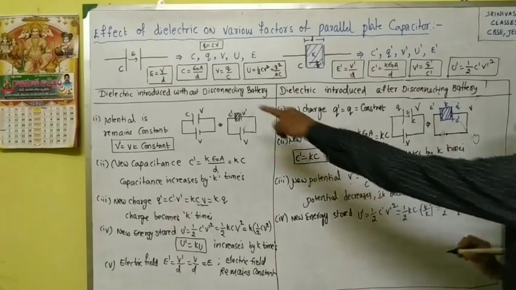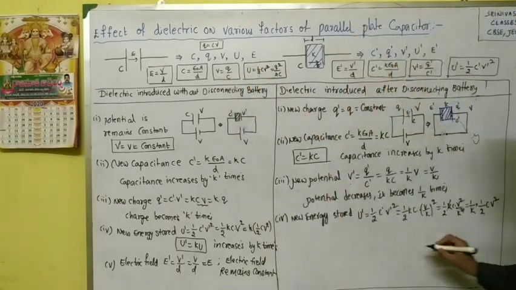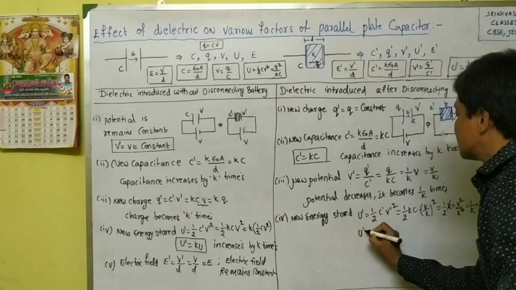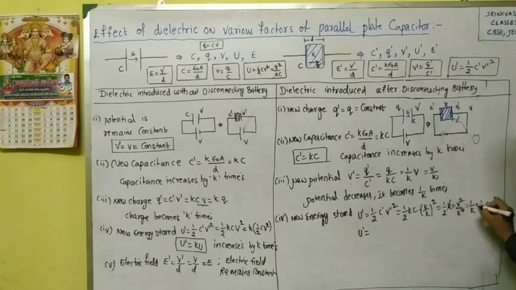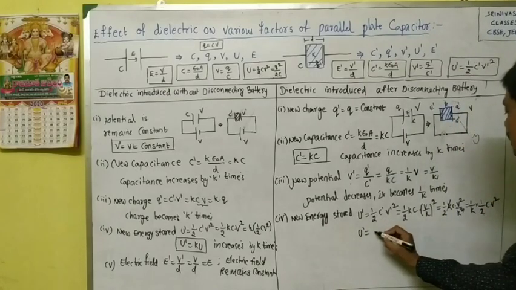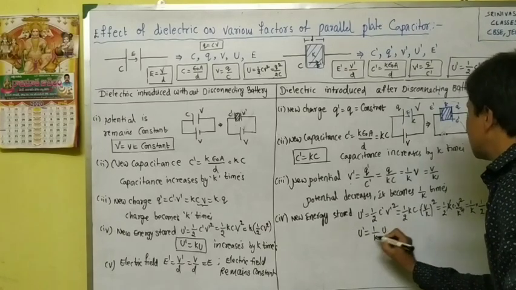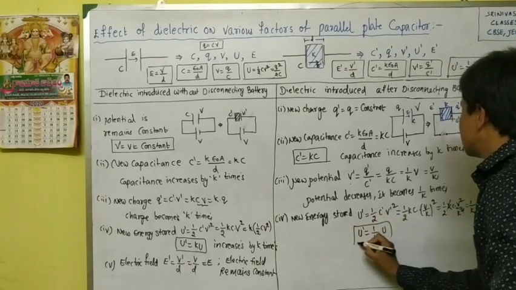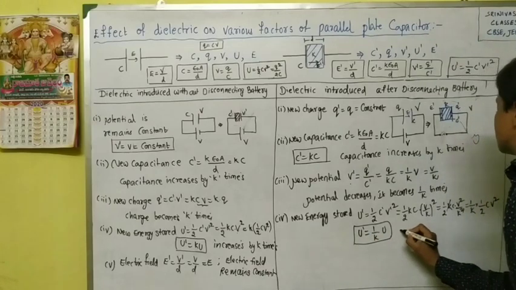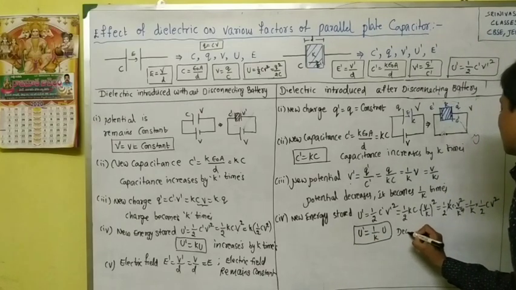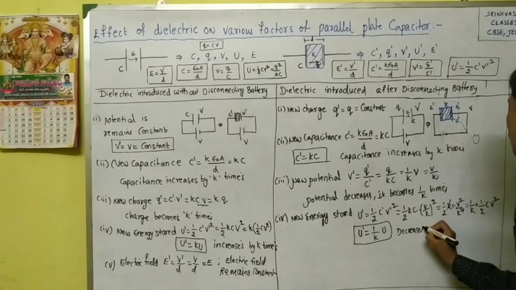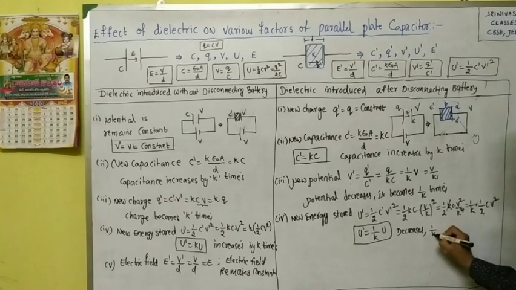Half CV square is the initial energy stored. So U dash is equal to 1 by K into half CV square. That means the energy stored decreases. How many times will it become? It becomes 1 by K times.